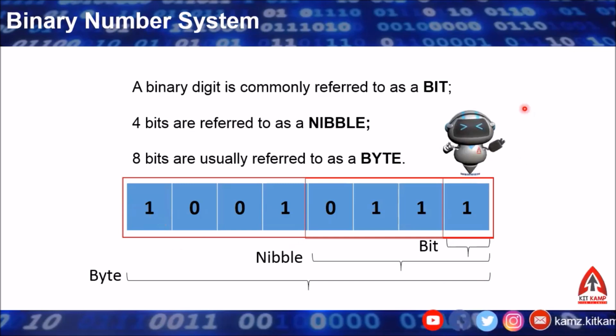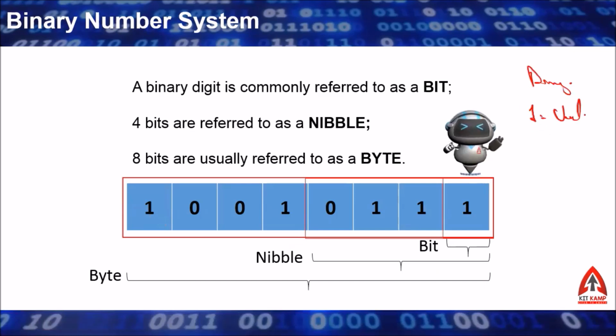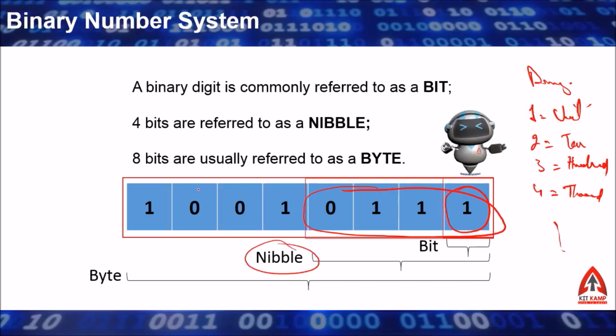So in binary, a single bit is known as a bit, a group of 4 bits is known as a nibble, and a group of 8 bits is known as a byte.